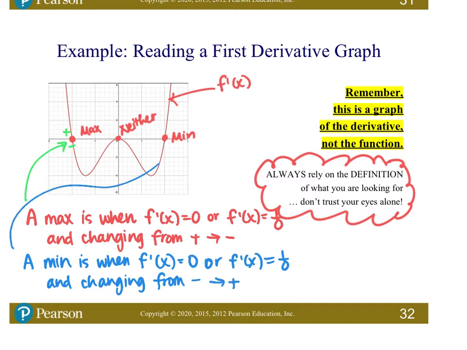That is how I identified that as a min so quickly. And the way I could classify the origin as neither is because although f prime of x is equal to 0, there is no change. It's a negative staying negative. So go back and write the definition out and then look at the graph.